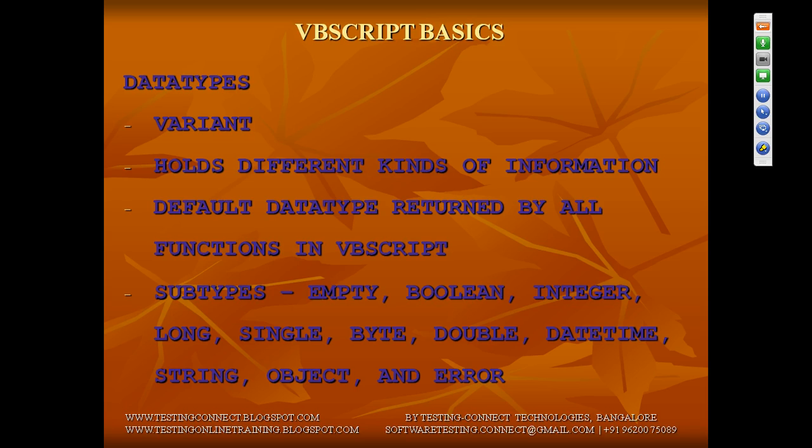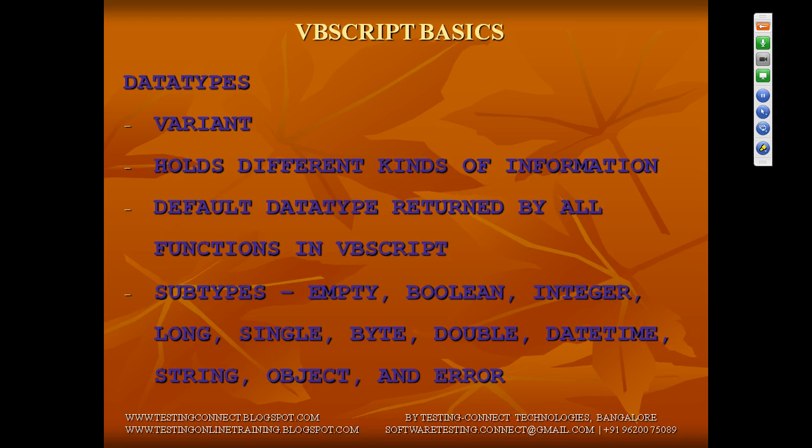Those are empty, boolean. What do you mean by boolean? Once you define a variable with boolean, there you can store boolean type data like true or false. At that time you can go for boolean.